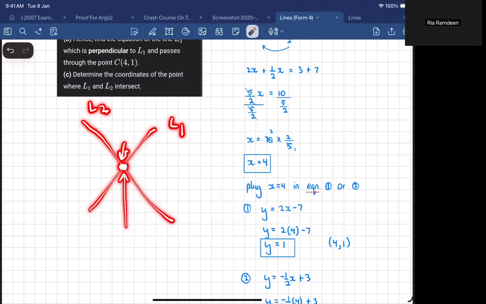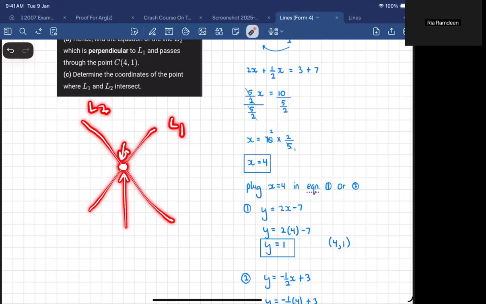So if both of the lines pass through the point, shouldn't that point satisfy both equations, because that point is on both lines? Think about it. It makes sense, and you can see it on both lines.